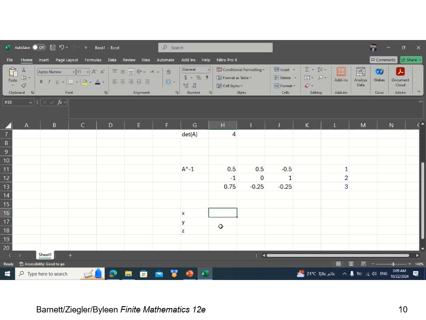So here we will write equals M for matrix multiplication, MMULT, which returns the matrix product of two arrays.